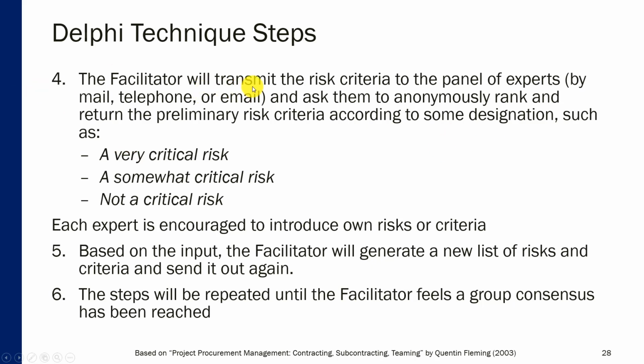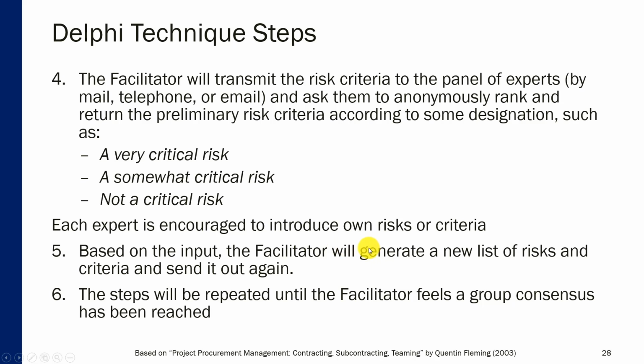Then the facilitator transmits the risk criteria to the panel of experts by mail, telephone, or email, and asks them to anonymously rank and return the preliminary risk criteria according to some designation, such as a very critical risk, somewhat critical risk, or not a critical risk. Now, when those preliminary lists of risks are sent out, each expert is encouraged to introduce his or her own risks or criteria to the list.